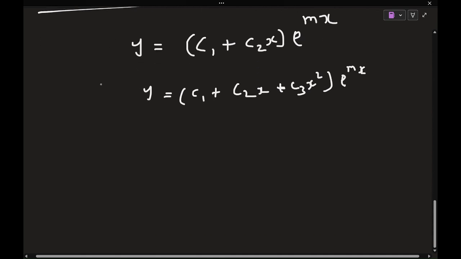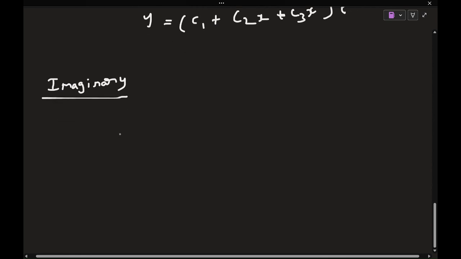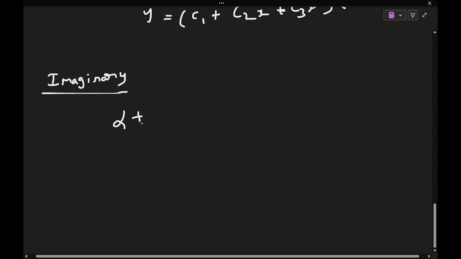Now next we'll go for the last type of roots, which is imaginary or complex roots. We do know that imaginary roots are always in the form of alpha plus or minus i beta.